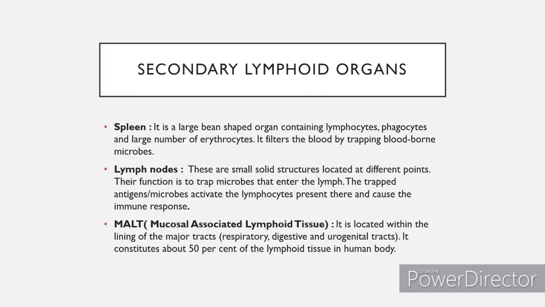Secondary lymphoid organs: we have the spleen, lymph nodes, and MALT. The spleen is a large bean-shaped organ used to filter blood-borne microbes, so it filters the blood by trapping them. A person has lymph nodes in and around their body, at certain points.